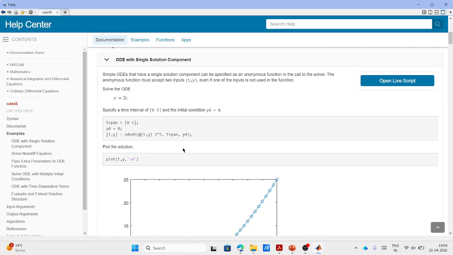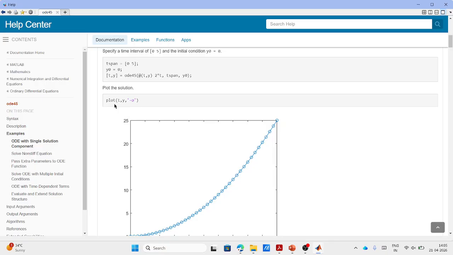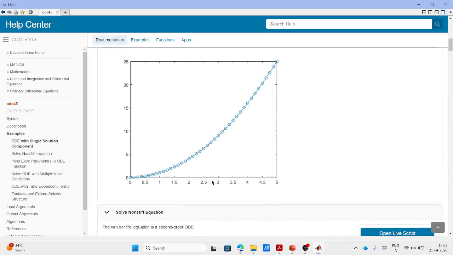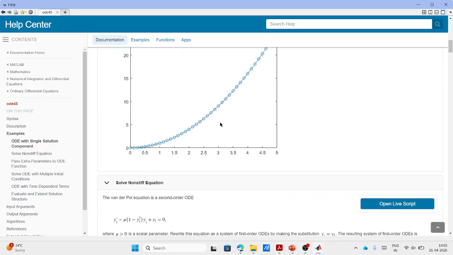The example given is dy/dt equals 2t. You write [t,y] = ode45, with the function defined in terms of t and y, the time span over which you want to compute, here 0 to 5, and the initial value y0, given as 0. It computes t and y, and then you can plot it and see how your y variable changes with time.